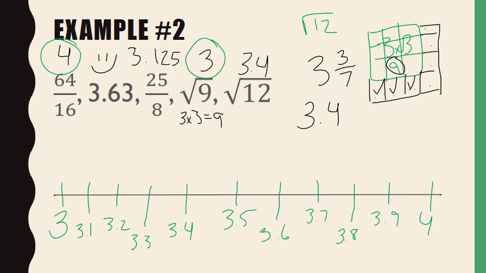Now that we have our number line labeled, we're going to go ahead and put our values on there. Starting here, we have 4 is the value of 64 over 16. So I'm going to take my mouse and I'm going to put a point exactly on 4, but I'm going to label it 64 over 16. Right, first one's done. 3.63 is a little bit more than 3.6.